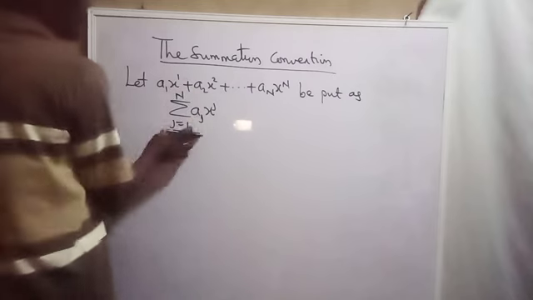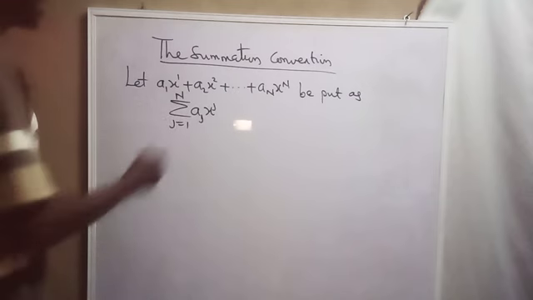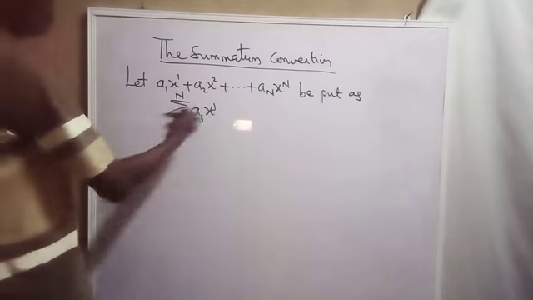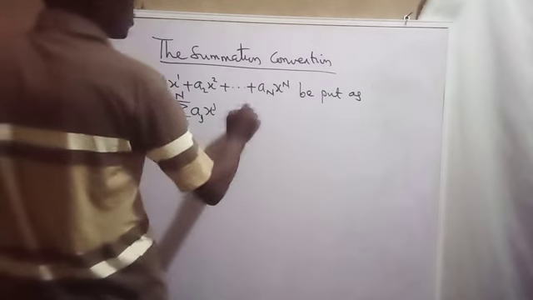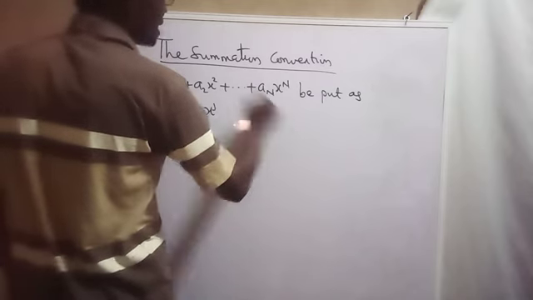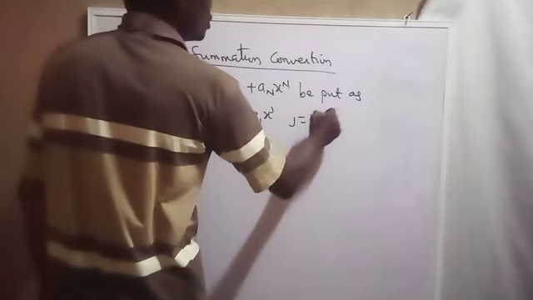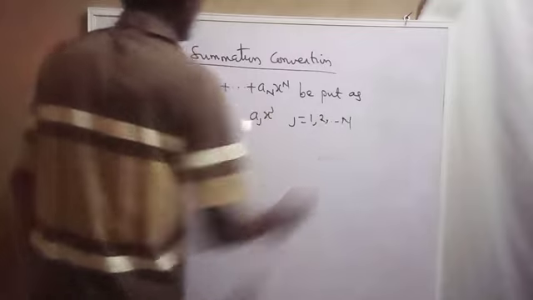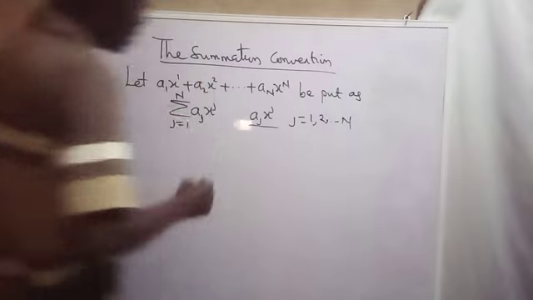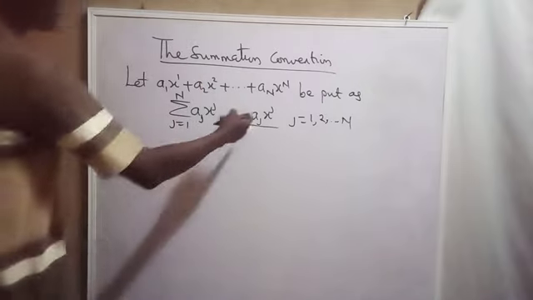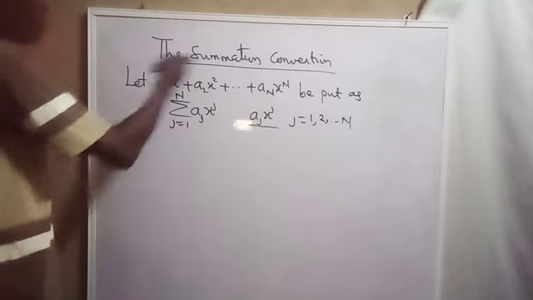This whole lot has been put in the form of a linear combination. Now I can simply write this, based on the convention given, in the form aj xj, where I assume that j is from 1 to n. This idea is what we call the summation convention. You observe here that j is repeated, and is governed by the summation convention.